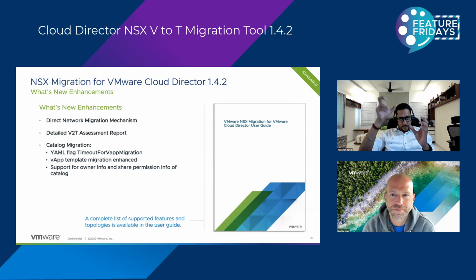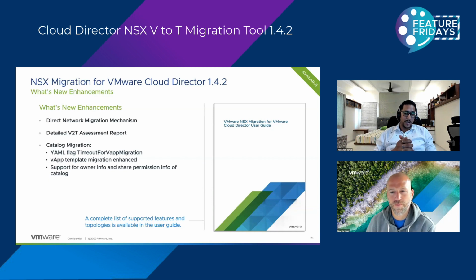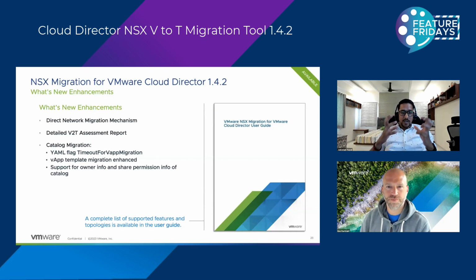So in the assessment report, you'll have a new column called org VDCs to be migrated together. It will tell you how many org VDCs and which org VDCs it recommends you migrate together, so that the network topology and the network sharing is intact and replicated in the NSX-T environment.